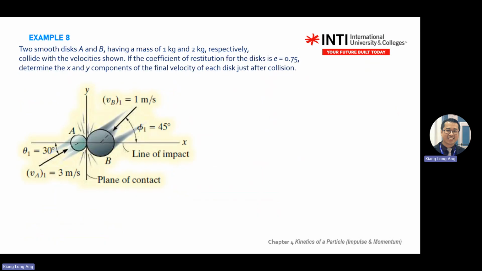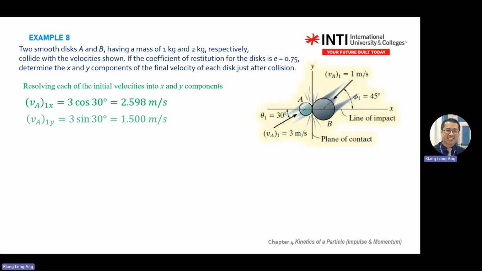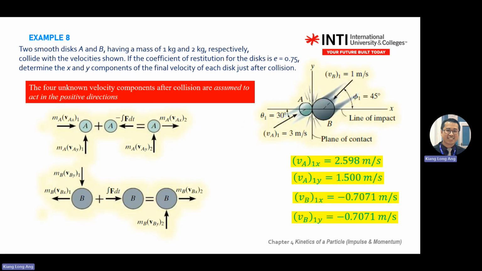I will take that as your homework. Go home and read example number 8. In the same scenario, you only need to split the vector into x and y. It's the same procedure. What is important I want to show you is that you split all the vectors into x and y.